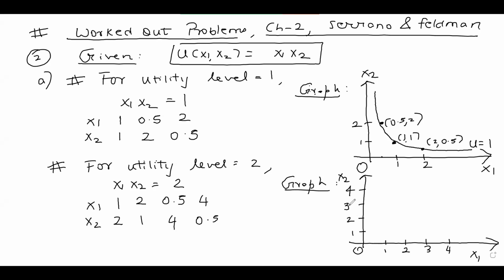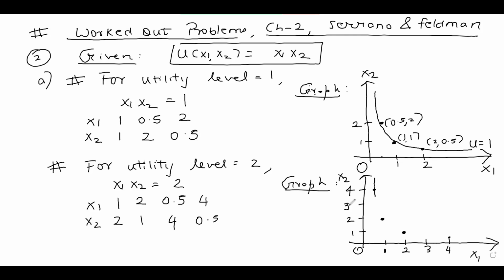Let's plot. When x1 is 1, x2 is 2. When x1 is 2, x2 is 1. Then x1 is 0.5 and x2 is 4. And then x1 is 4 and x2 is 0.5.